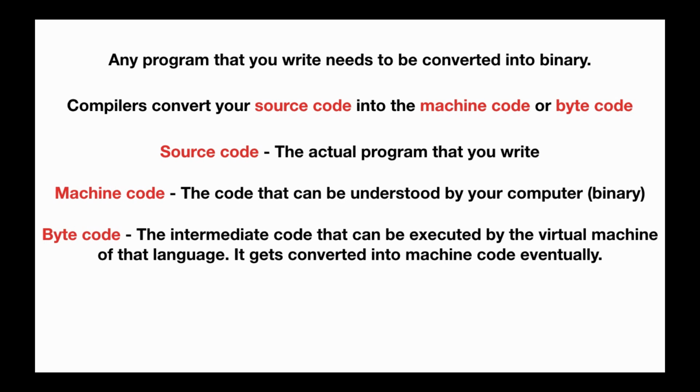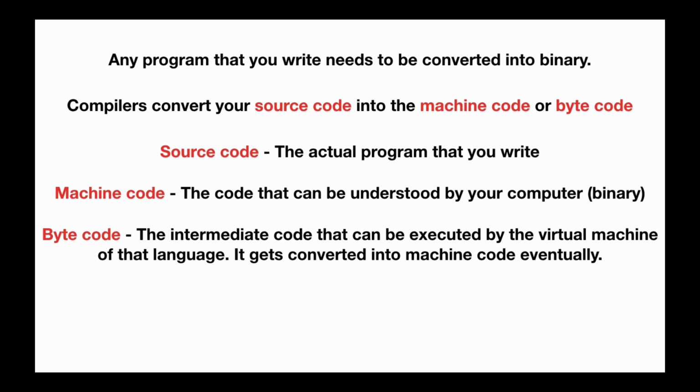If it is a good programming language, it can consume a lot fewer computer resources while running your program. So to improve all this, a compiler converts it into a bytecode, and this bytecode is run by the virtual machine of that particular programming language, and then eventually it's converted into a machine code. So that's how it works.